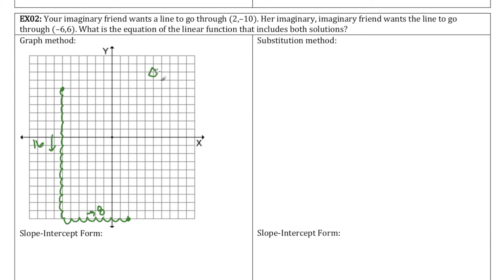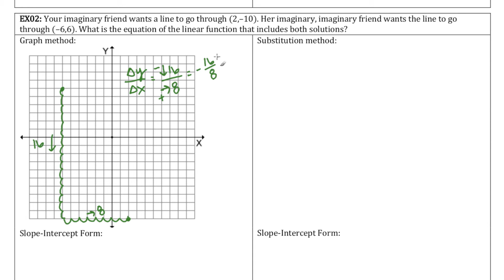So change in y over the change in x. I think I'm actually going to need some room. Down 16, right 8. Down is negative, right is positive. A negative over positive is a negative. 16 over 8.